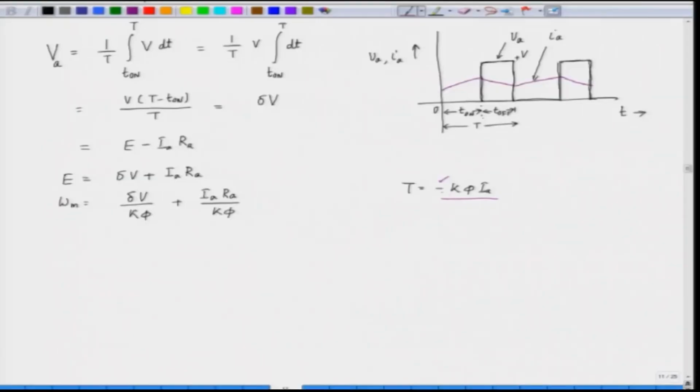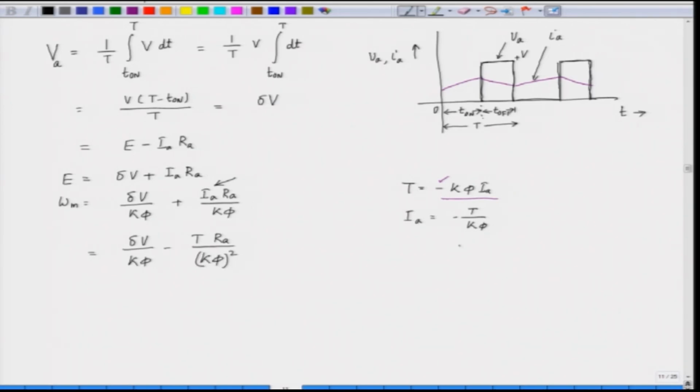So, the torque here is negative, that is minus k phi I a, or we can say that I a is equal to T by k phi with a negative sign. Substituting the value of I a in this equation, we get omega m equal to delta V by k phi minus T R A by k phi square. Now, this gives the torque speed characteristic in this case.